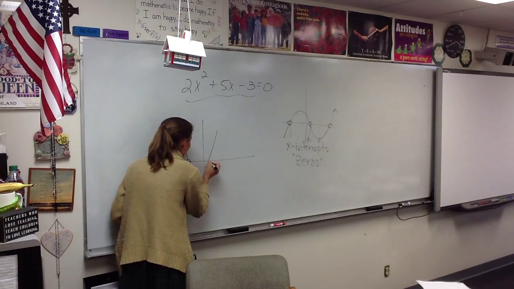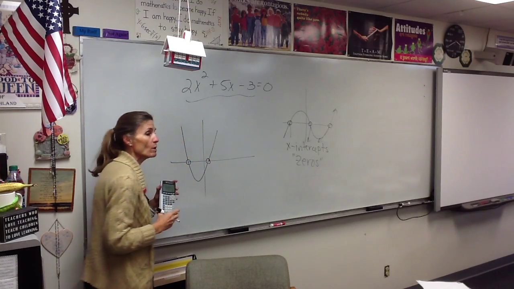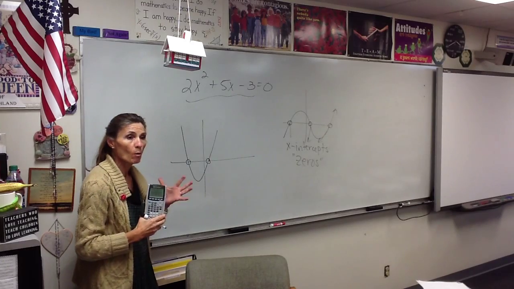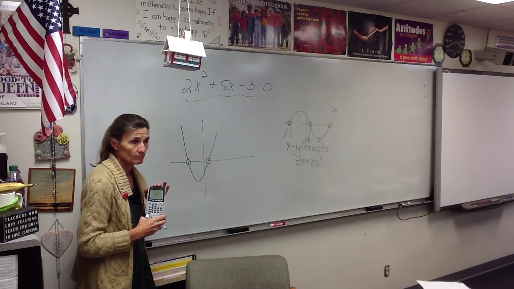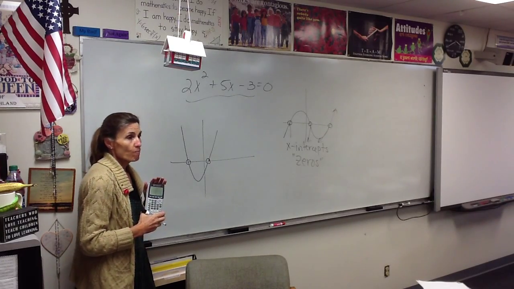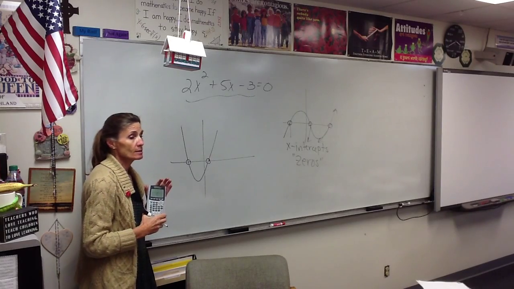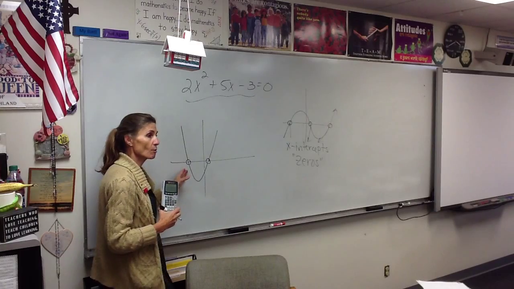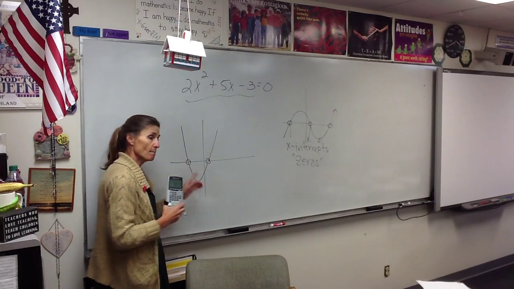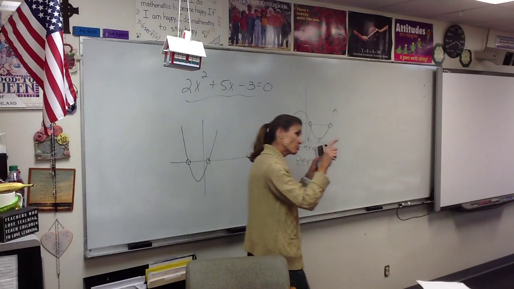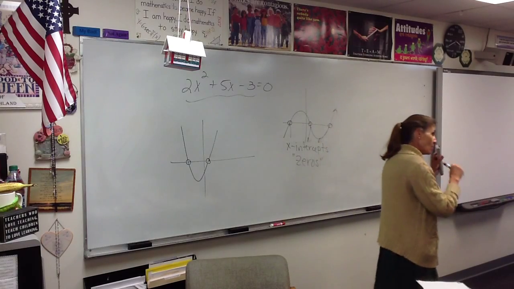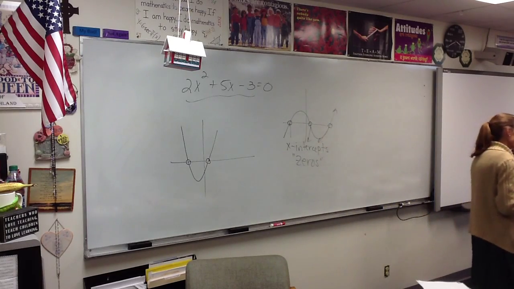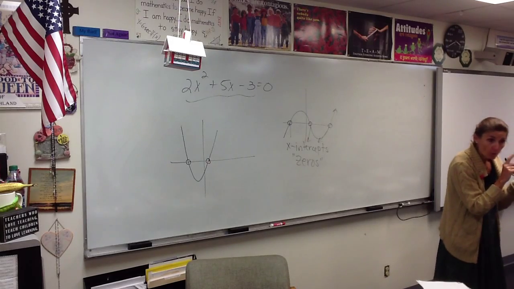Now, these are the points that we want to see. Those are the points that we care about. For some equations, including this one, some of the points are pretty obvious. For example, you see the little hash marks on your axis? When you said x scale was 1, that means those hash marks are all worth 1.